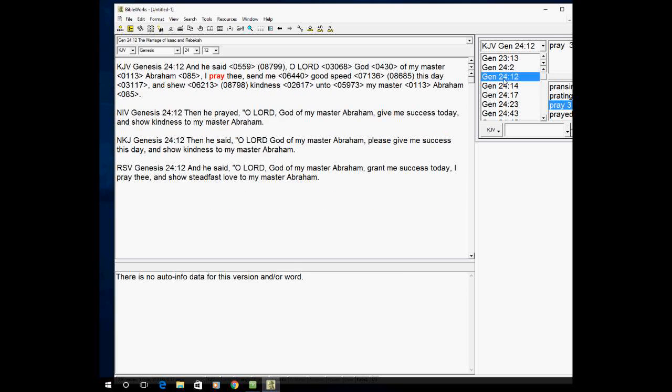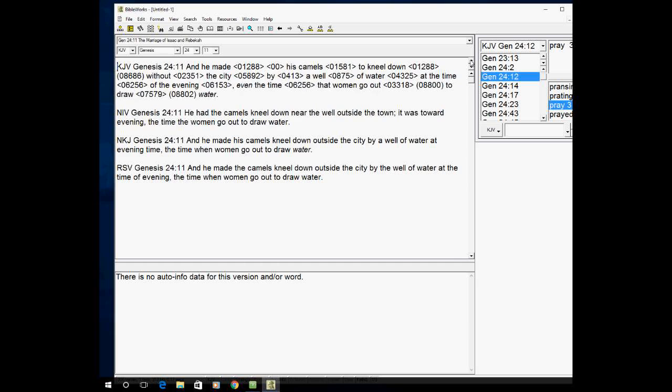Okay. Now, a good example of this use of this word is in Genesis 24, and we know the story of Abraham speaking to Pharaoh.